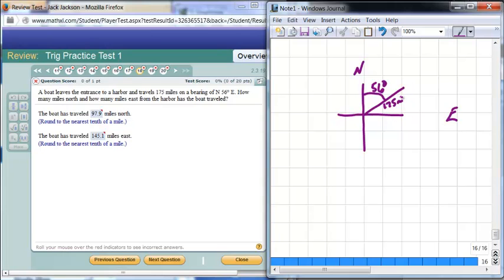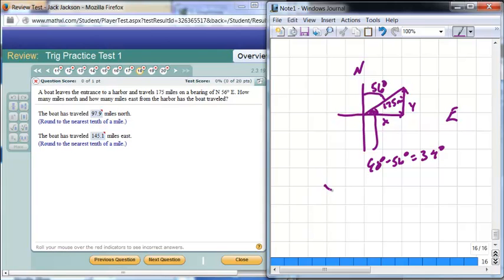How many miles north and east is it? So we want to find basically x and y. Now if this is 56, that leaves 90 minus 56, which is 34 degrees there. So using the 34 degrees, we know the hypotenuse, we're looking for the legs.